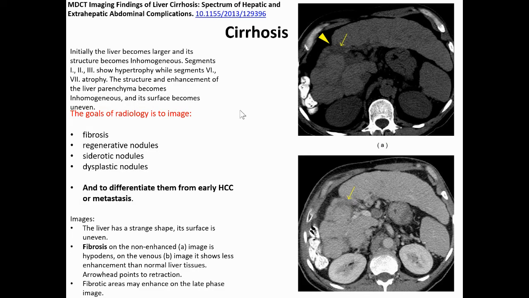Cirrhosis is unfortunately a common problem, not only in Hungary but worldwide. And so at imaging, we usually see that the left lobe of the liver becomes larger, as you can see over here on this contrast enhanced image, and the 6th and the 7th segments, so the right lobe of the liver, will atrophy.